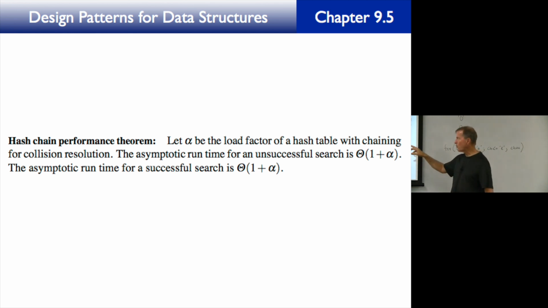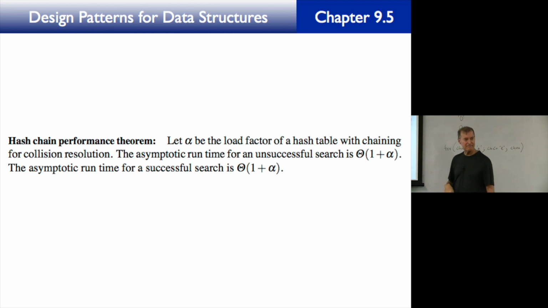So it's this weird 1 plus alpha. The reason it's 1 plus alpha is because alpha is a fraction that's much less than 1. We can't say this is alpha, because it's not asymptotic. Alpha is not a number that gets asymptotically large. So we can't say big theta of 1 plus alpha is big theta of alpha, unless it does get large. How could alpha get really, really large?